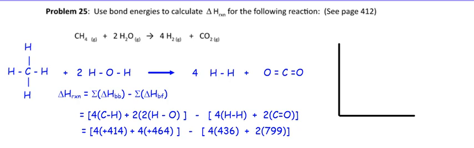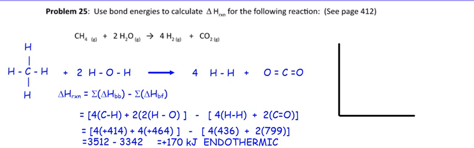Let's go back. So you'll see I got the 414. I had 2 times 2 times 2 times 2 is 4, so I got 464 for the HO. I have a HH is 436, and then again I use the 799 because it is carbon dioxide. So when I do that, I get these values here. So I get positive 170.